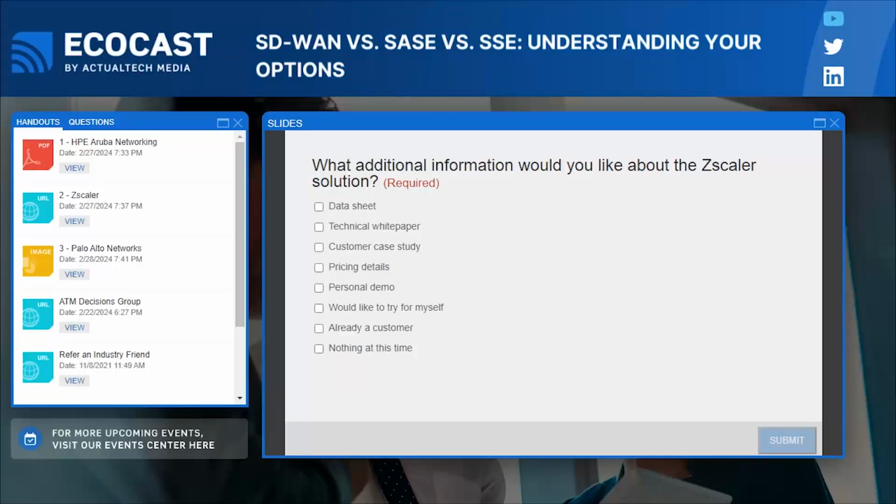What I mean by that is you can use Zscaler's SSE and really integrate it with any underlying SD-WAN platform you might have. In fact, we have integrations with all, or almost all, of the SD-WAN providers, whereby they can seamlessly integrate with the Zscaler cloud.